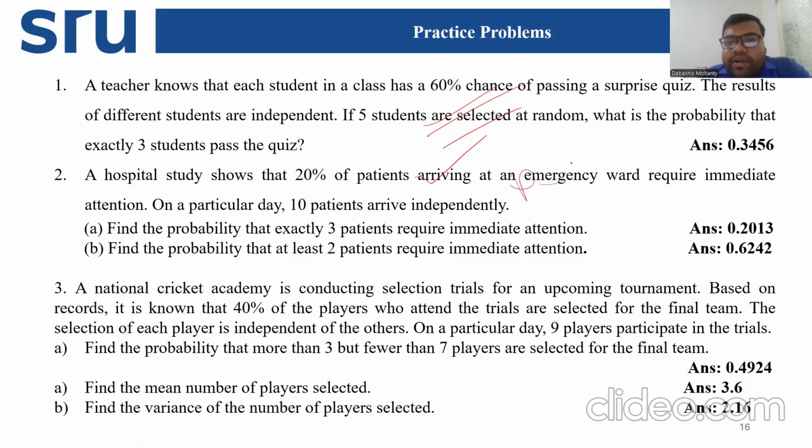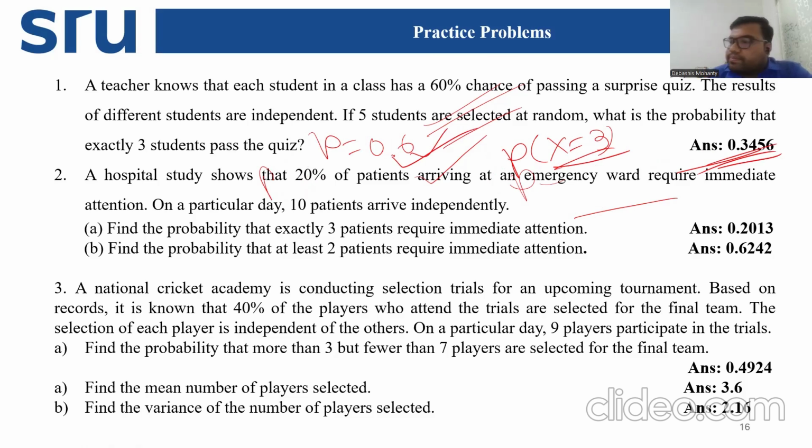We need to calculate probability of x equals 3. Just now, what was that 30%? The p value was 0.3. Here it is 60%, that means the value of p is equal to 0.6, right? Okay, students.